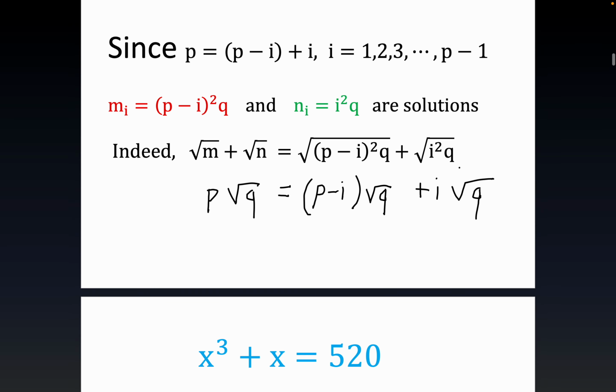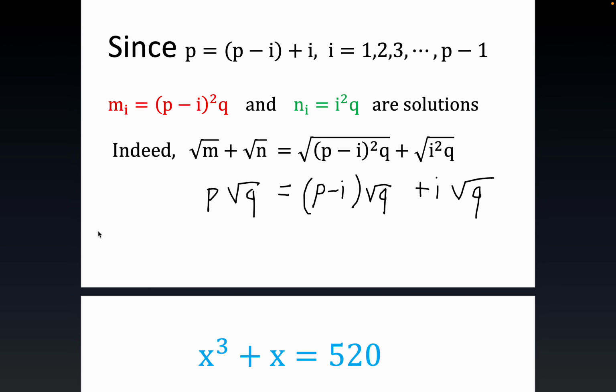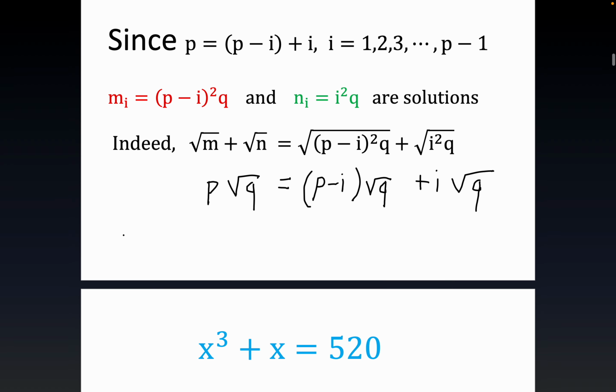Now let's work a concrete example just to make this a little simpler. What if we had, let's see, what is our problem again? Square root, yeah, square root of mn. And this is just a concrete example. In other words, this proves that there's P minus 1 solutions, by the way, folks.